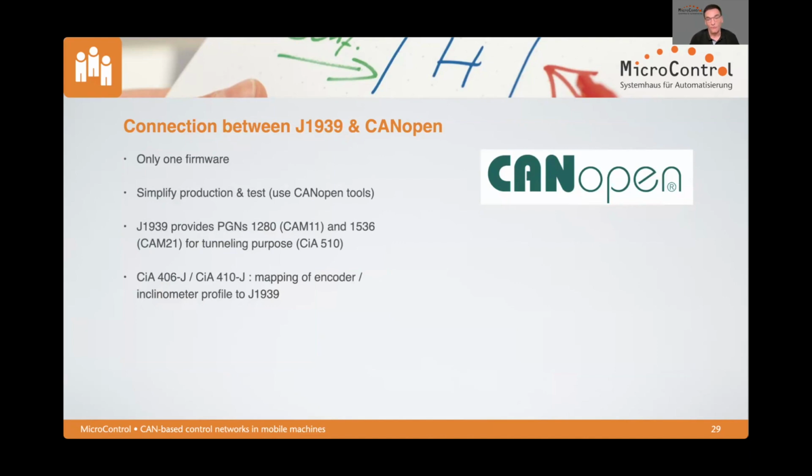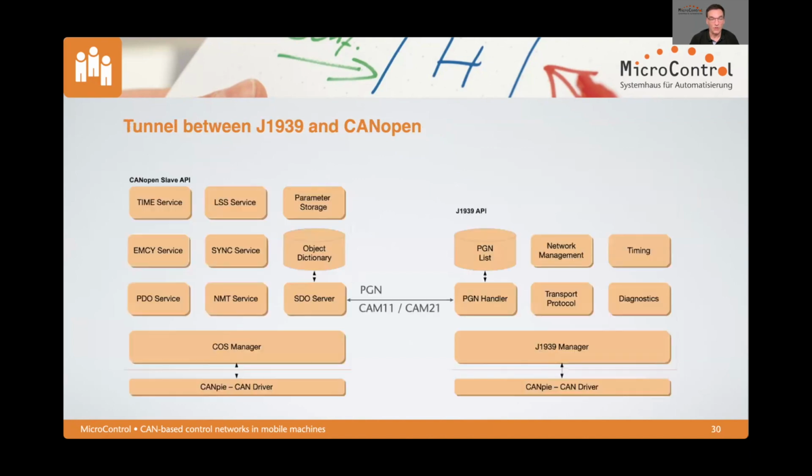So for some device manufacturers, it's easier because they maybe stick to CANopen, but J1939 provides specific PGNs in order to tunnel between J1939 and CANopen. So that makes it quite easy for you to, for example, buy a device which has lots of functionality, which is originally a CANopen device, but use it in your J1939 network.